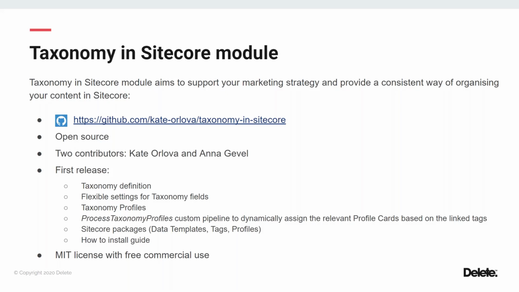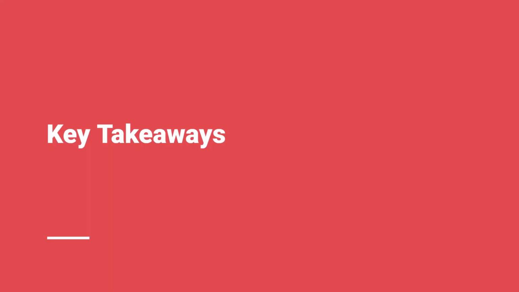Sitecore packages, as you can guess, data templates, tags, and profiles, and of course, a step-by-step guide. So feel free to try it, install, share your feedback, and it's free for use on your commercial projects.